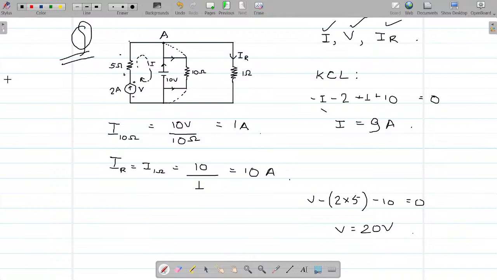Okay. So far we have done almost everything in our basics. All we are left with is questions based on balanced bridges. That is the only thing, in my understanding, that we have left in terms of basics.